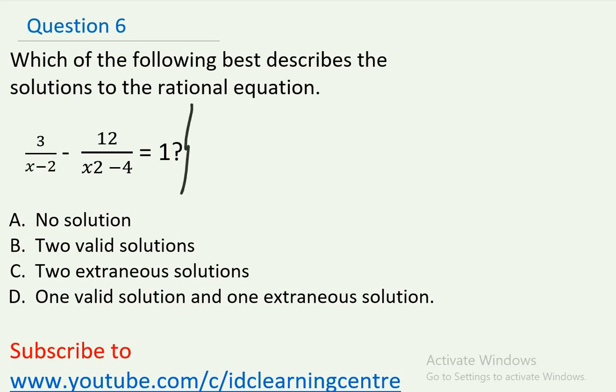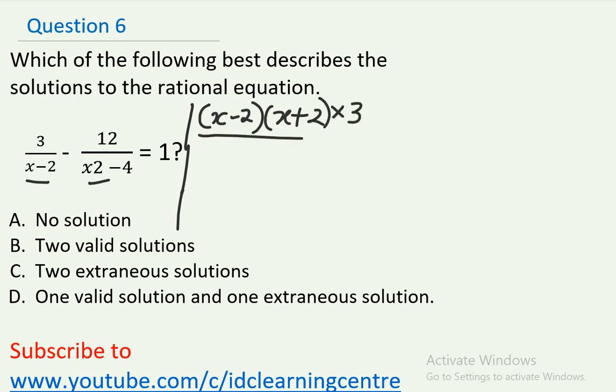So to solve this, take the LCM of the denominators. We are going to use the LCM to multiply both sides. The LCM is x minus 2 bracket x plus 2. Use it to multiply the first fraction and the second fraction, x minus 2 bracket x plus 2.